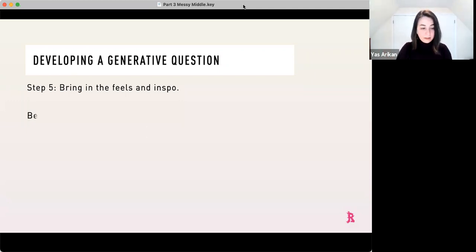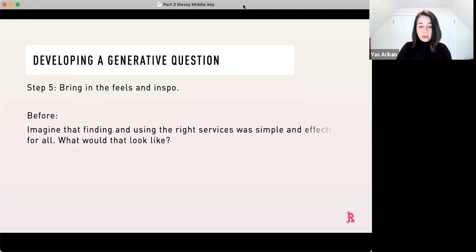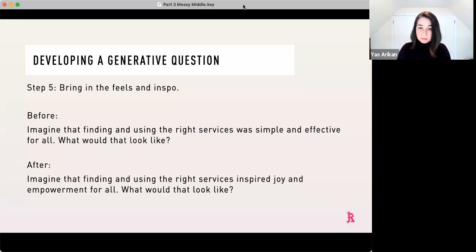Reminder, this was my question before, the most recent draft. There's more than one way to do this, but what if the words joy and empowerment are more meaningful to this team of people brainstorming this issue? Maybe you would use something else. You can say, what if finding and using the right services is as easy as choose something?